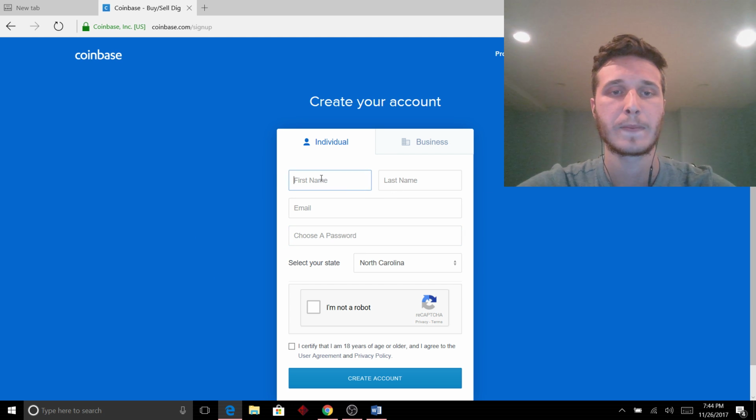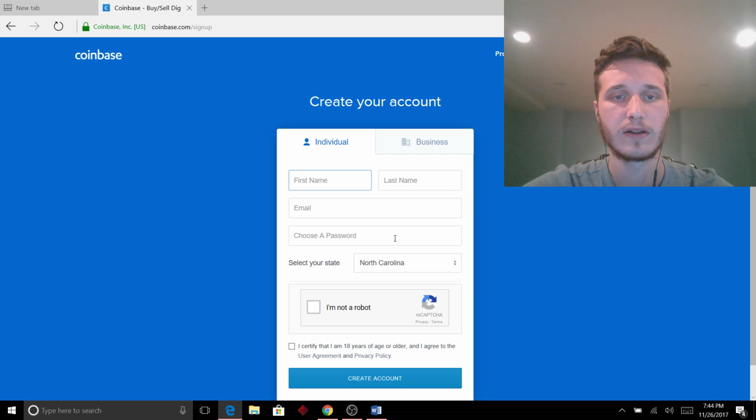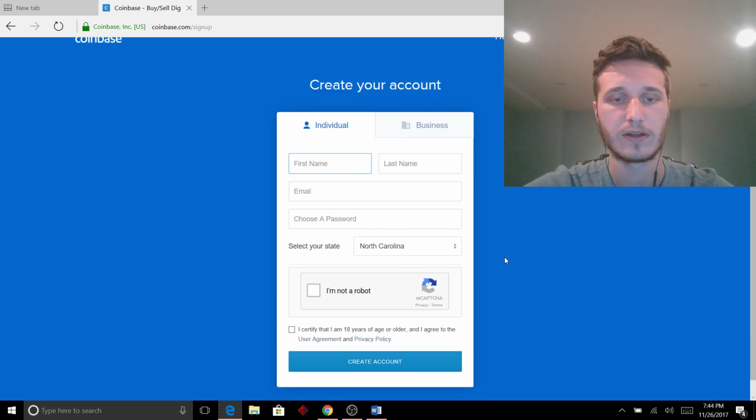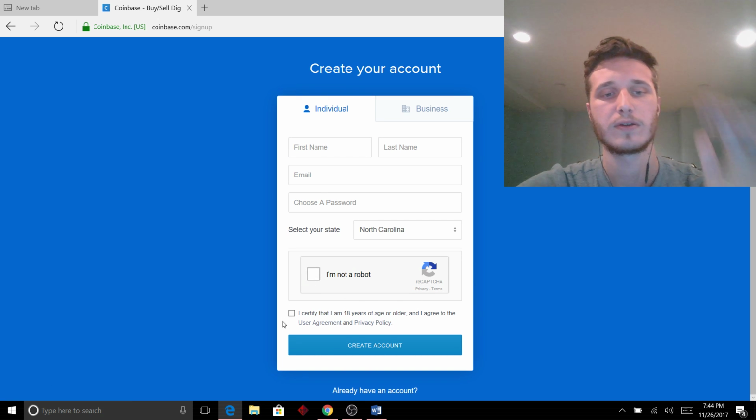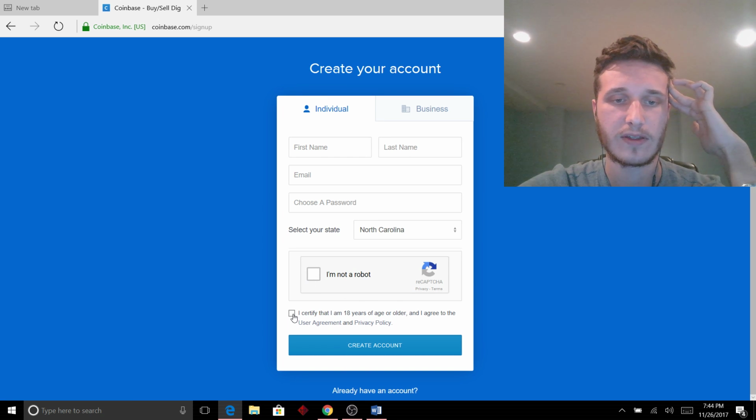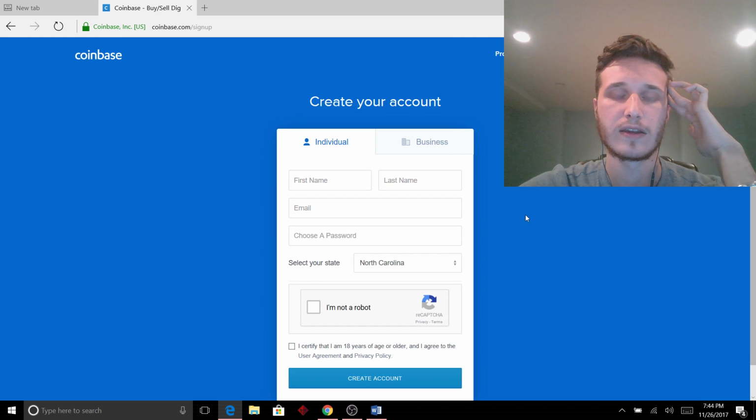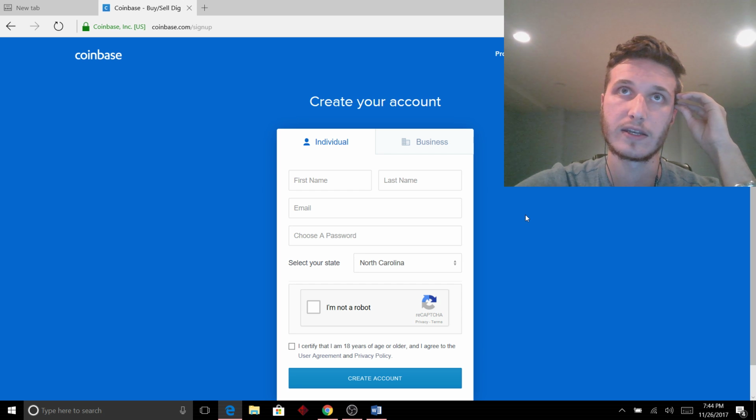So basically, you would type in your name, your email, choose a password, do that reCAPTCHA thing, certify that you're 18 or older. Then you'll verify your phone number, and then your account will be set up, and you have to verify your email.